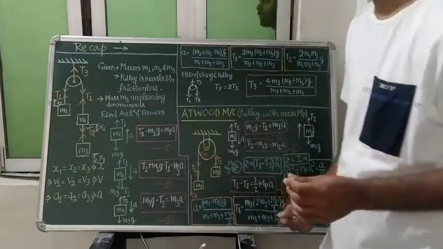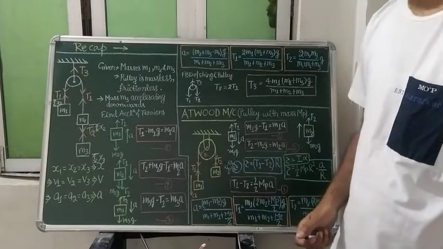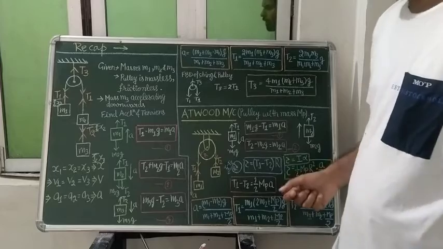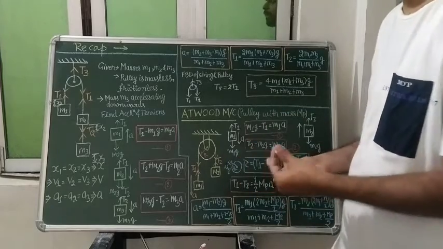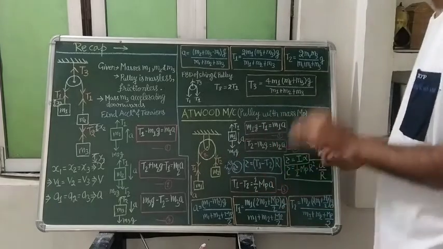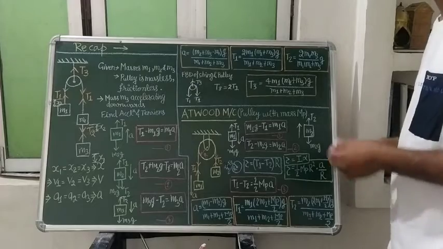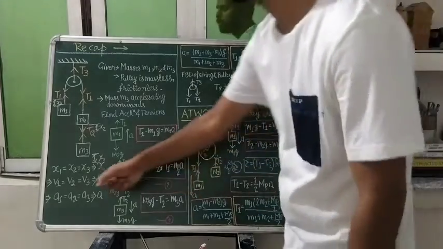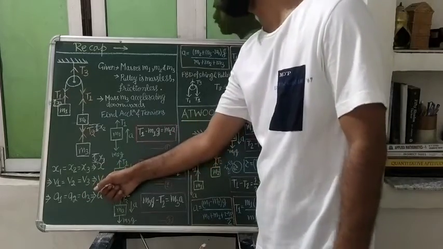So when we differentiate with respect to time, the differentiation of distance with time, the change in distance divided by change in time, will give us velocity. So velocities v1, v2, v3 will also be equal to v.